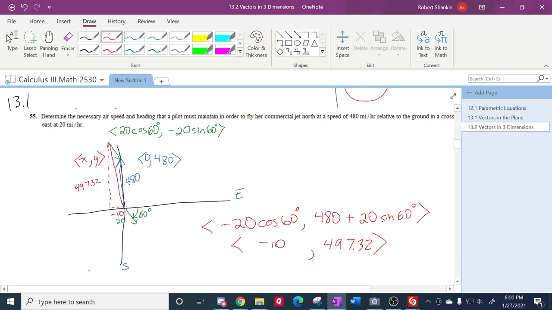497.32. Now if we square each of those, add them together, and take the square root, it's going to be slightly larger than 497.3, and I have something slightly larger than 497.3. I'm going to say the book's wrong on this one. And then raise to 0.5. Yeah, I get about 497.4.